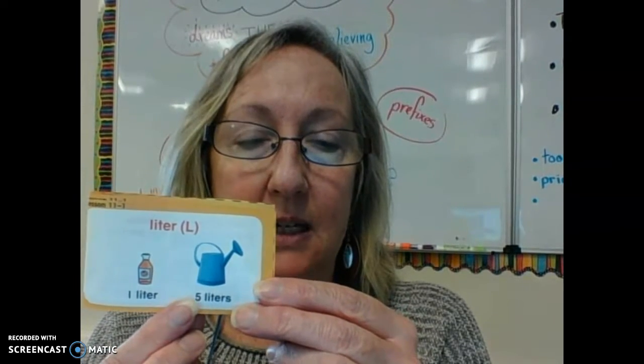The question on the back says, name 2 other metric units besides gram and liter that are included in this chapter. I said 2 other metric units could be the kilogram or the milliliter. What is a liter? This has 5 liters in it.